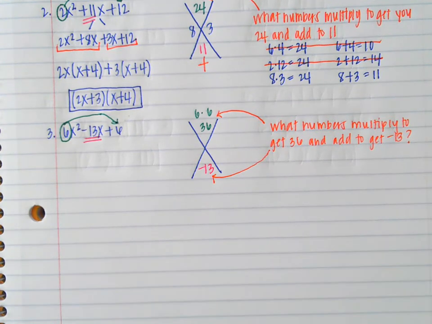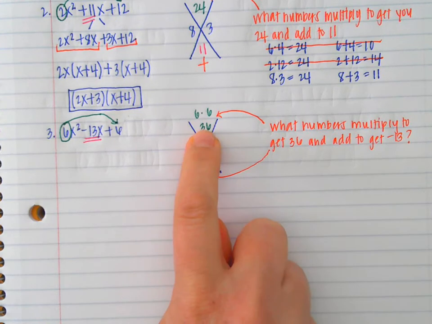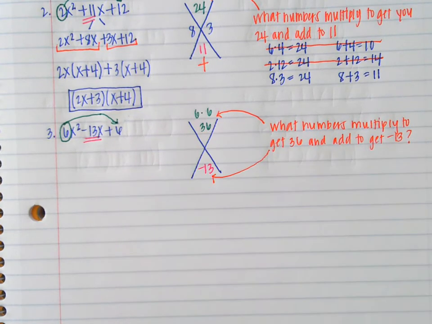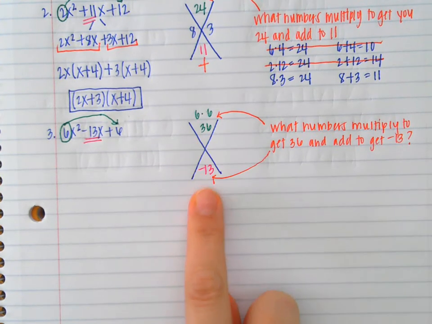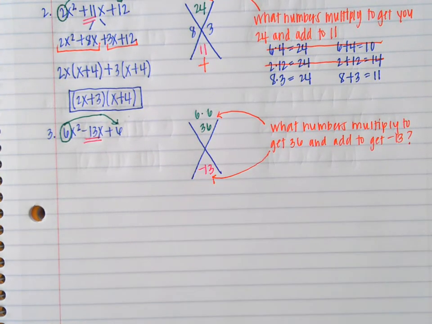The reason why is because we have a negative number in the bottom, but a positive number on top. Now, I want you guys to think, what types of numbers can we multiply together to get a positive number, but then add to get a negative?